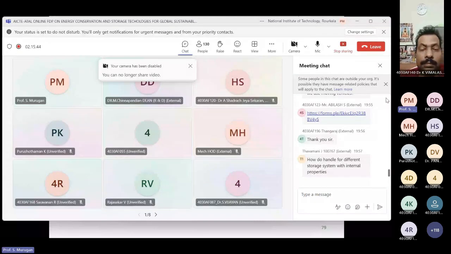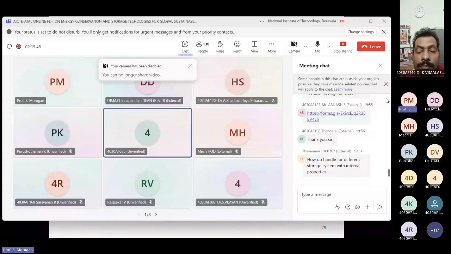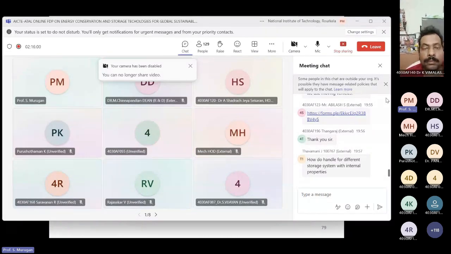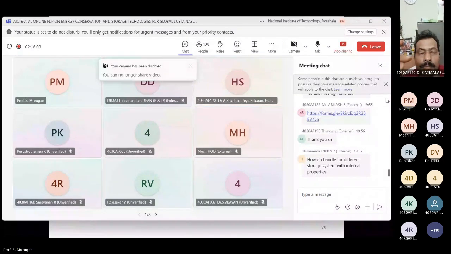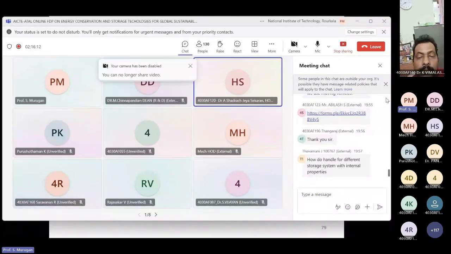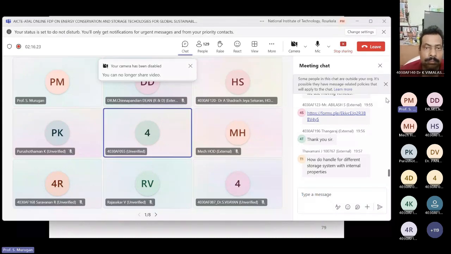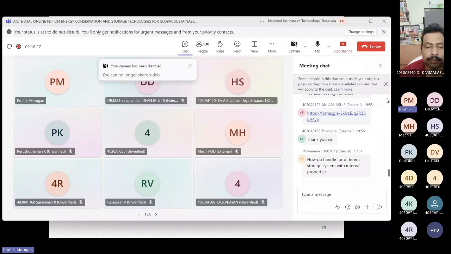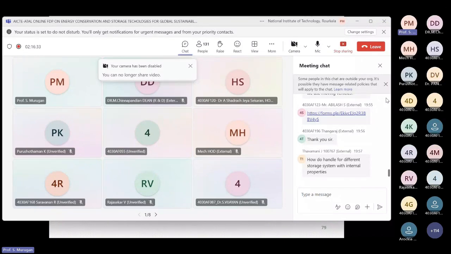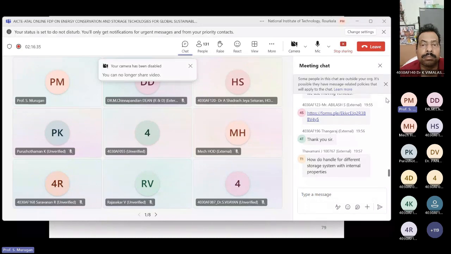Actually, the exhaust gas contains not only these gases, unburnt hydrocarbon, carbon monoxide, carbon dioxide, oxides of nitrogen, water vapor. It will also carry a small percentage of N2, because we are supplying atmospheric air, which contains not only oxygen; the major component is nitrogen. If you take the combustion equation CmHn plus O2, that gives CO2 plus water vapor.